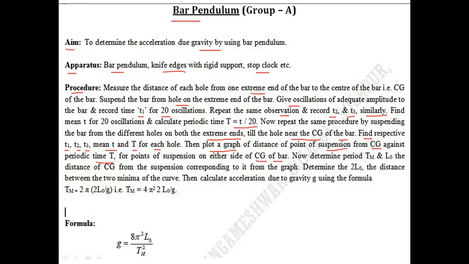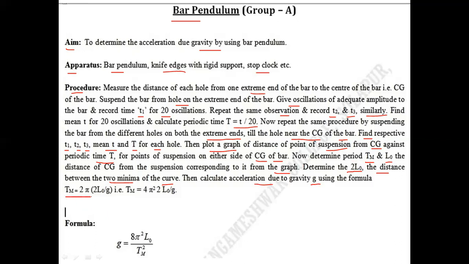Now determine the period, that is Tm, and L0, that is the distance of CG from the suspension corresponding to it, from the graph. Now determine twice L0, that is the distance between the two minima of the curve. Then calculate the acceleration due to gravity, small g, using the formula.